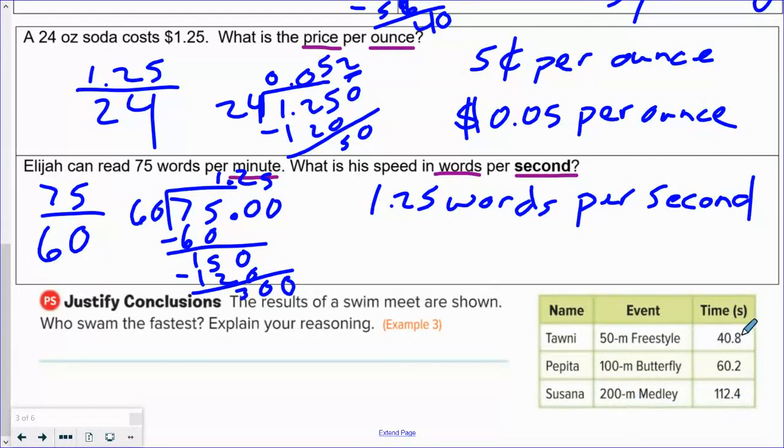A lot of kids would automatically say this one because it's the shortest amount of time. But he went the shortest distance, so he should have the shortest amount of time because he went shorter than everybody else. Okay, so if we took our time and we want to know how fast they can go in 1 meter, you would take this and divide it by your 50.